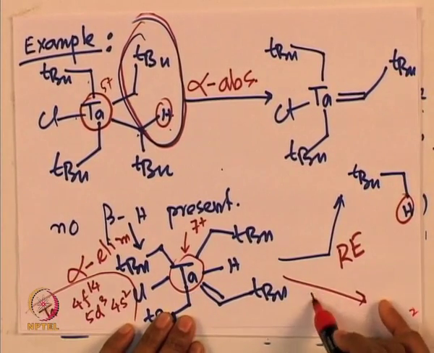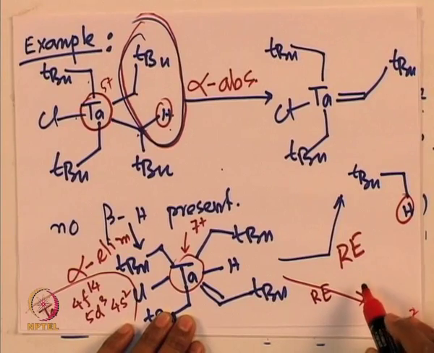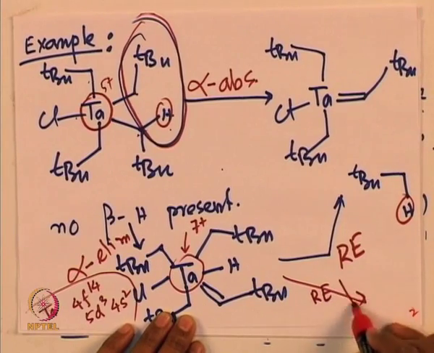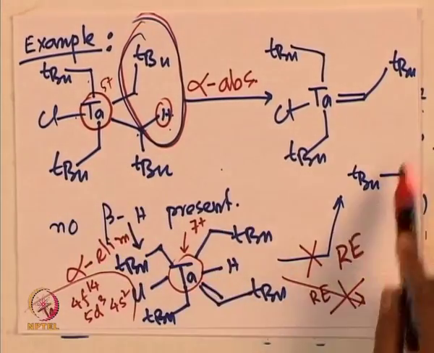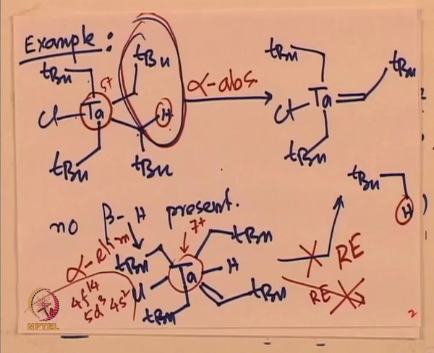So you can say that reductive elimination should not be happening. This process should not be happening, and therefore the product formation we see in this particular case can only be justified by alpha abstraction.